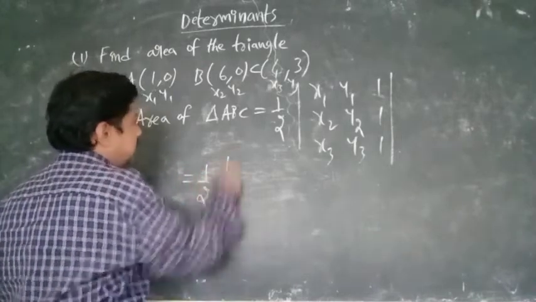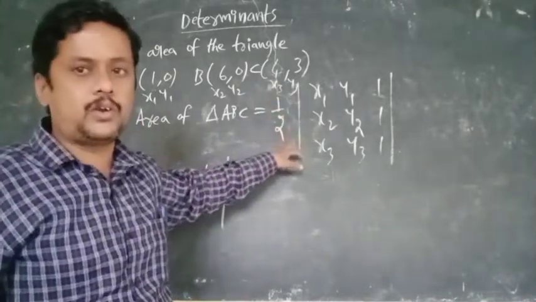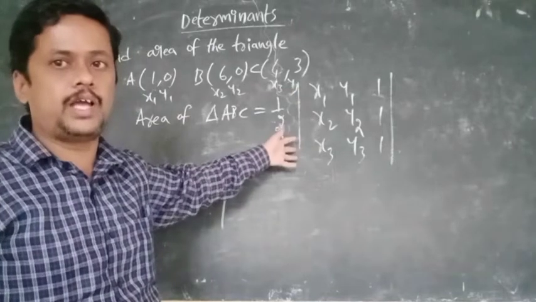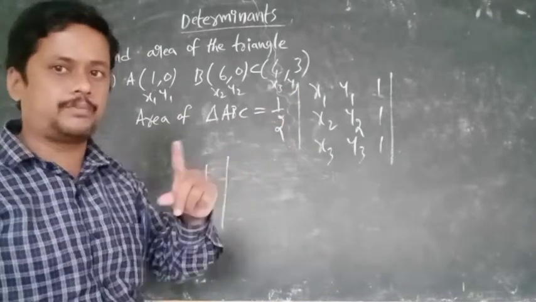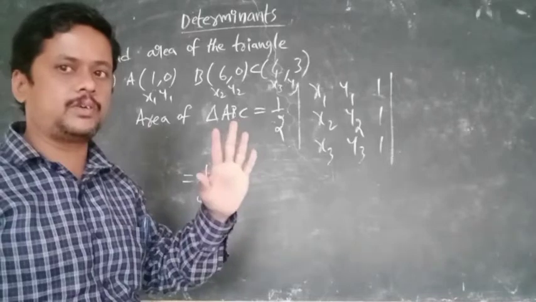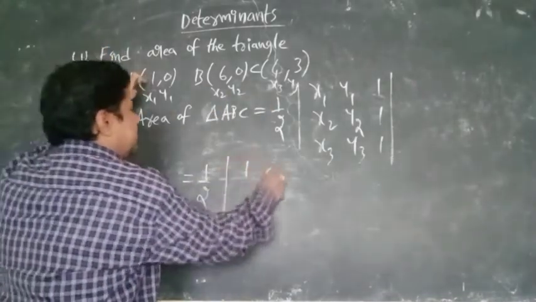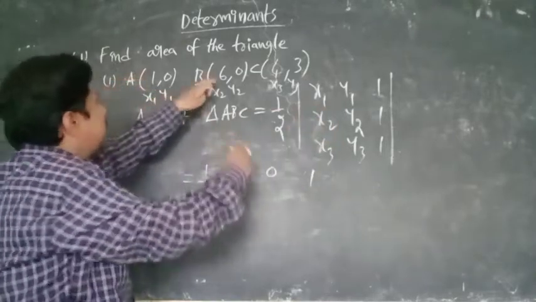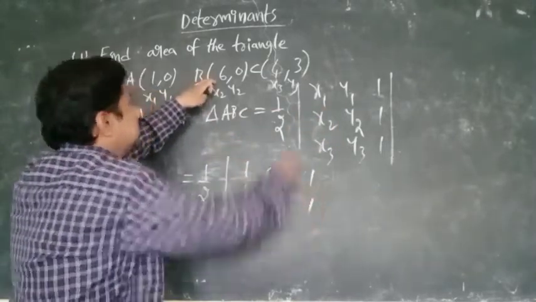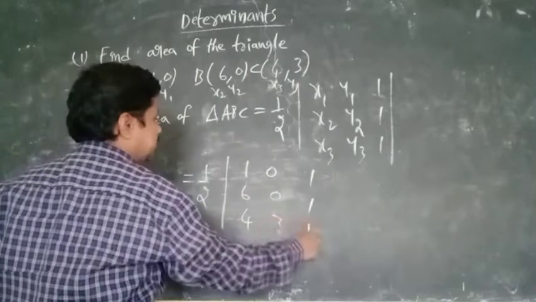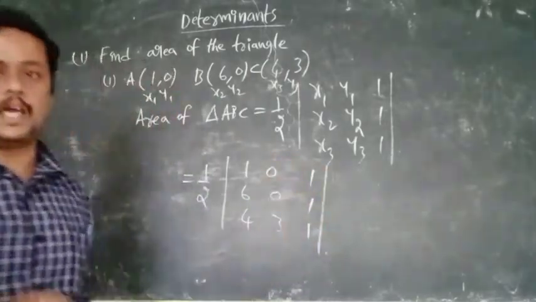Substitute these values here. The formula is very important. First you have to write the formula; if you write this you can get the 1 mark. Don't skip the formula. So the determinant is 1 0 1, 6 0 1, 4 3 1. Like that you have to write.